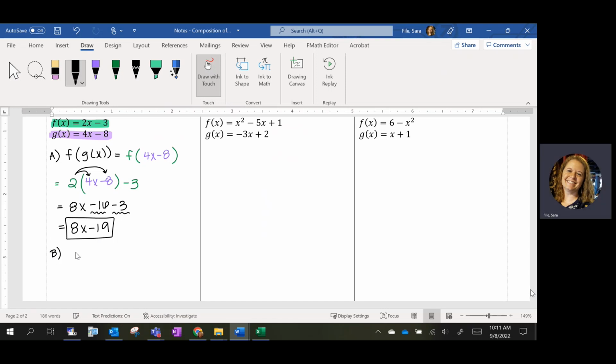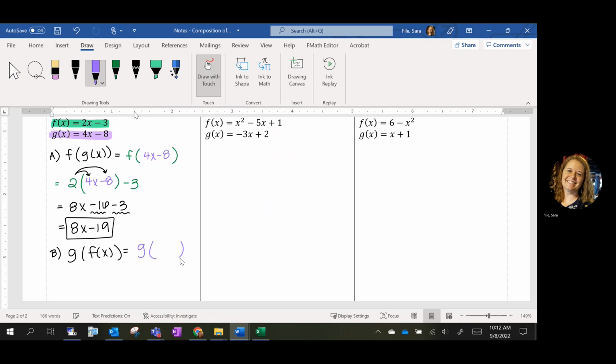Then for part B, we're going to do the flip side of that. We're going to do g of f of x. So that means that we're going to have g as the outer function, and we're going to input the f function, which is 2x minus 3, inside of it.